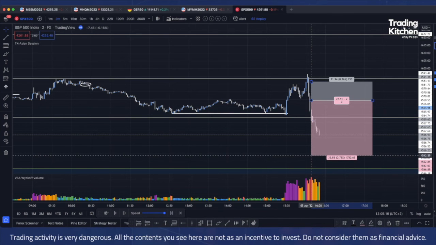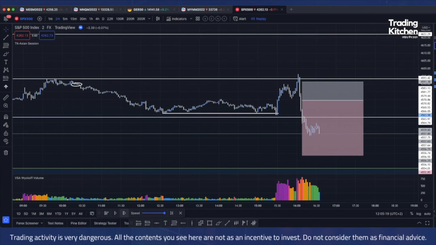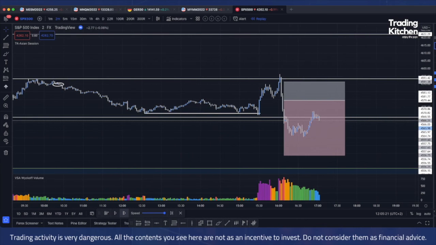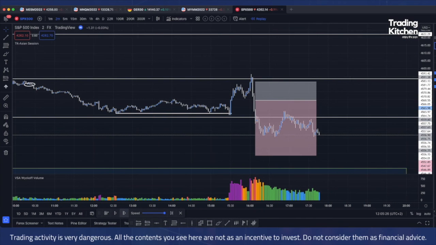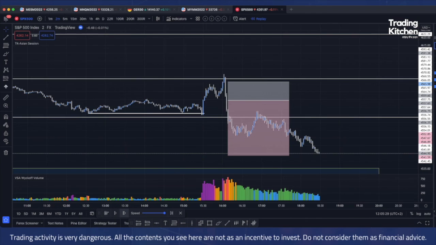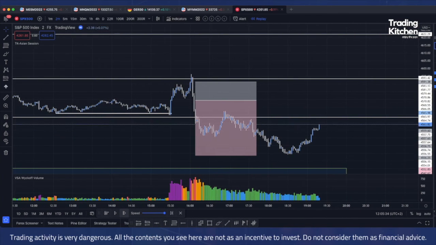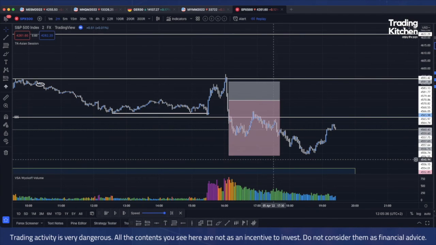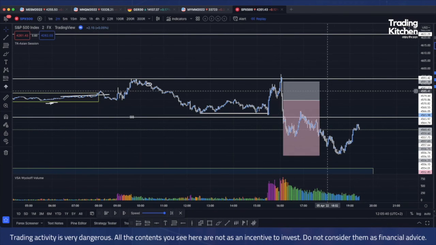Okay, but the truth is that I was pretty much sure that I'm not able to take this trade. Okay, so I prefer looking for a retracement and then going short again.